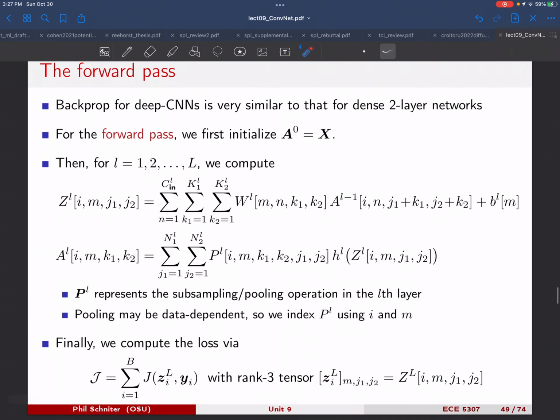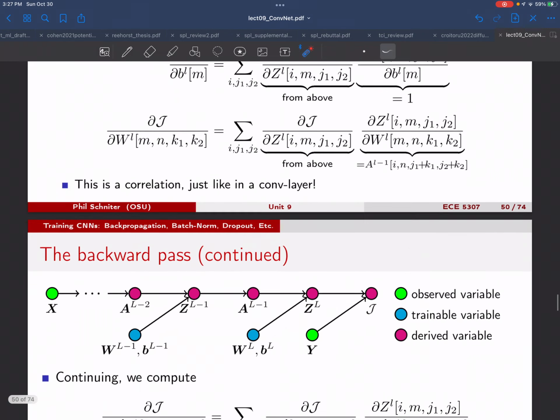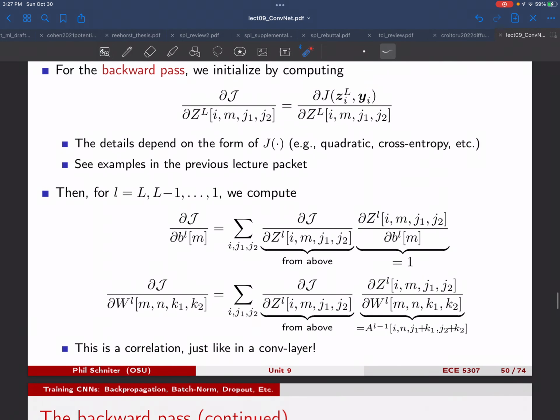When you look at this, if we're talking about a particular m here, you can see that it is going to affect all the batch elements i, as well as all the output pixels j1 and j2. So this is where we were.